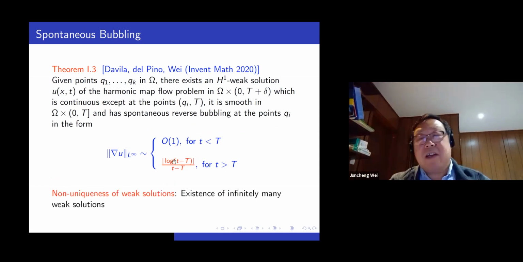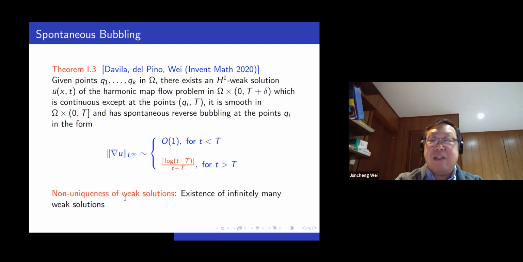So these three results show that you start with any initial data, you have infinitely many weak solutions, right? Infinitely many global weak solutions, because you can just have a bubble and then attach a bubble, or you can have a spontaneous bubble any place, anywhere.